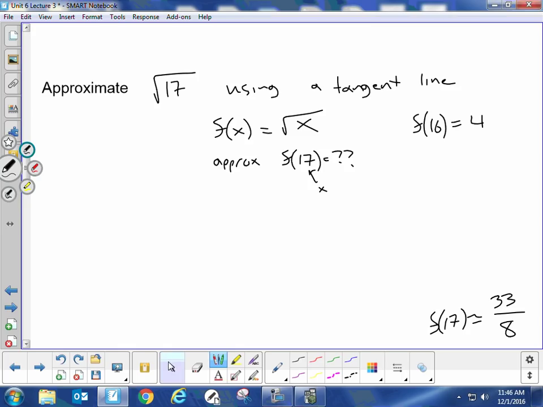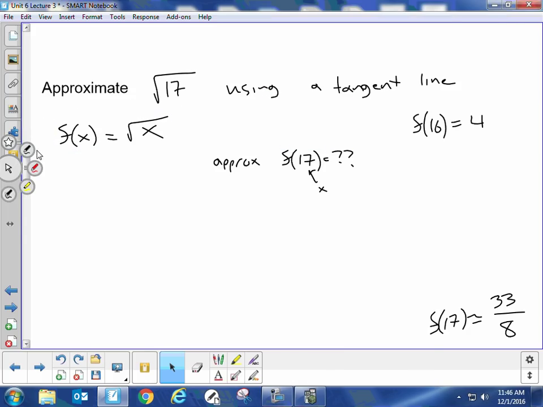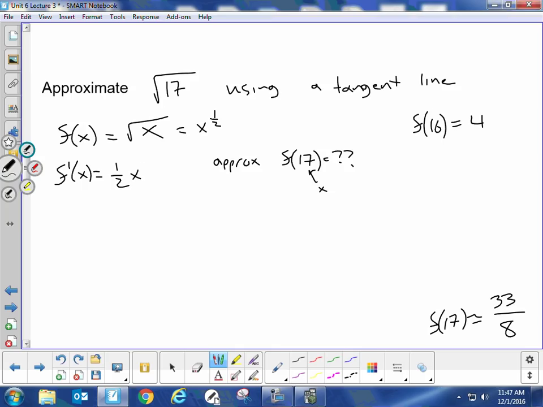Okay, now first, let's pay attention if we struggled. The derivative: this is x to the 1/2. The derivative is 1/2 x to the negative 1/2. That's the same as 1 over 2 root x, because we have a negative exponent, x goes to the denominator.